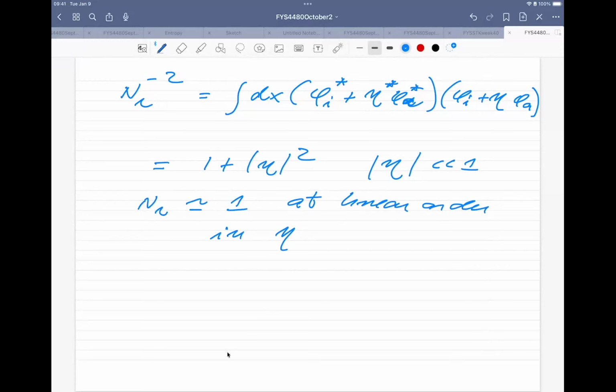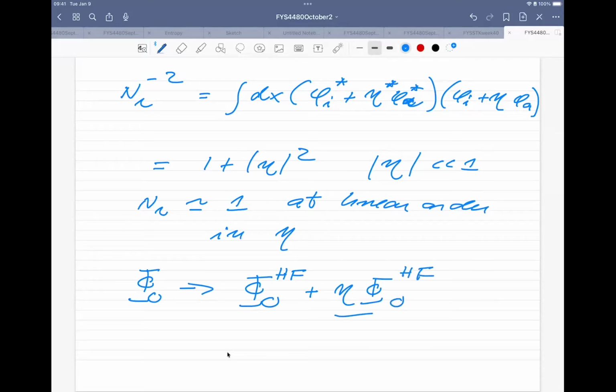So what I can say now is the following. My state phi 0 is now going over to a new state, which I'm going to label with Hartree-Fock, just to distinguish it. It can be the same computational state as before, but now it has a small perturbation. So that's going to be given by phi 0 Hartree-Fock plus eta delta phi 0 Hartree-Fock.